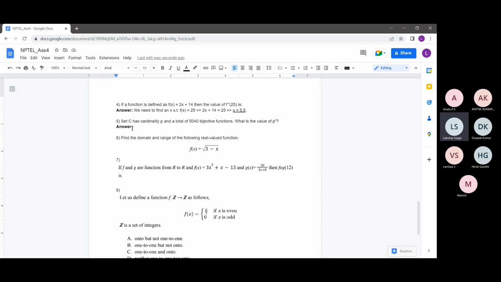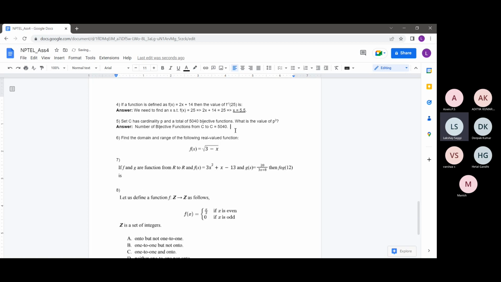So set C has cardinality P and a total of 5040 bijective functions. Then what is the value of P square? The number of bijective functions here means the number of bijective functions from C to C. So the domain is C as well as the codomain is C, and we are given that the number of bijective functions is 5040.